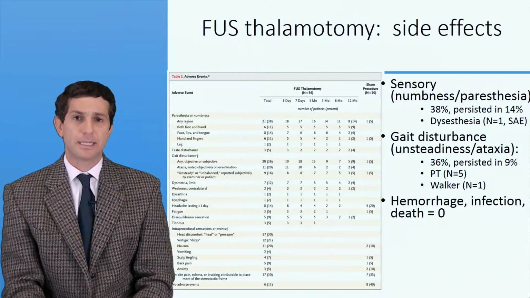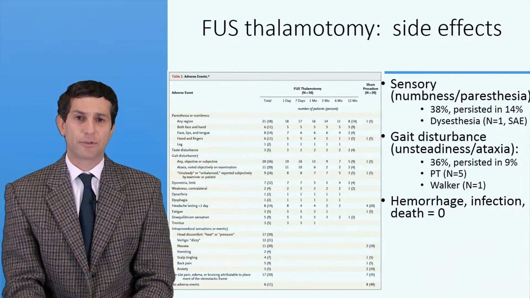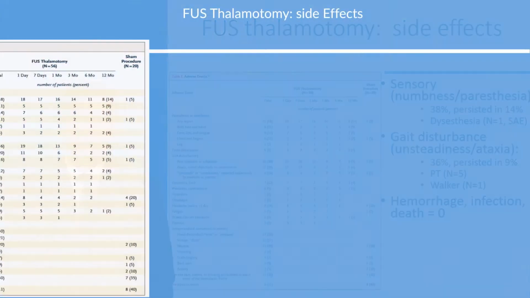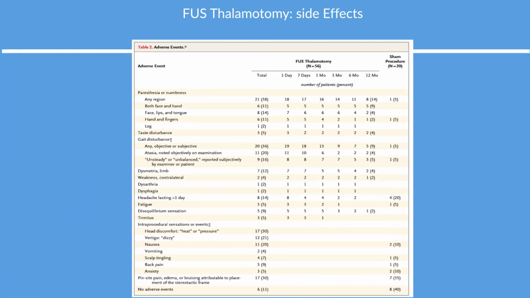Only one of these sensory phenomena was scored as a serious adverse effect or an uncomfortable side effect of numbness, dysesthesia type of sensation. We would see gait disturbance or unsteadiness also as a cerebellar type of deficit with these thalamotomy ablations.